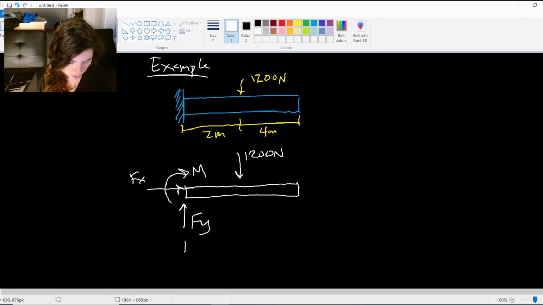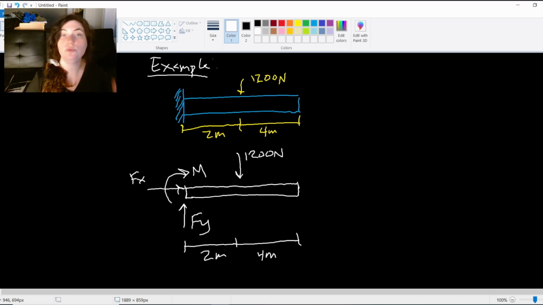Now, you can also choose to put in the dimensions here, the 2 meters and 4 meters, which I do recommend because if you're taking moments, it's a lot easier to refer to your diagram than trying to backtrack where all of these directions are coming from. So this would be the complete free body diagram for our shape on top.